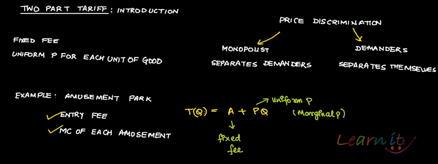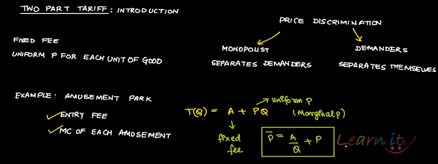Now, if you want to look at it, this will be somewhat like P bar, the average price, which is A upon Q plus P. This is the average price which any customer might have to pay.